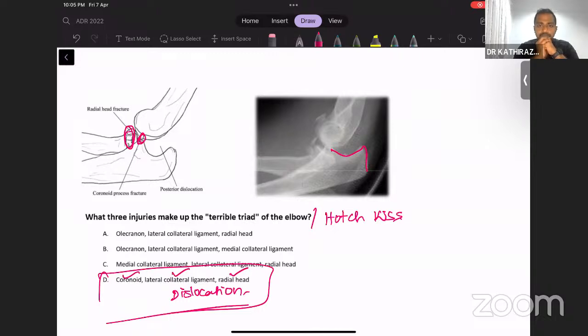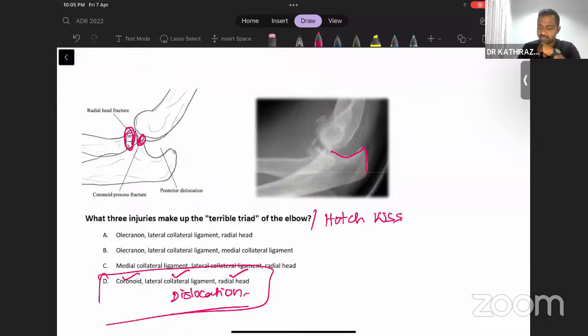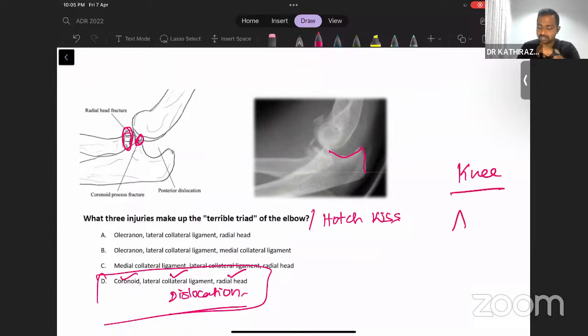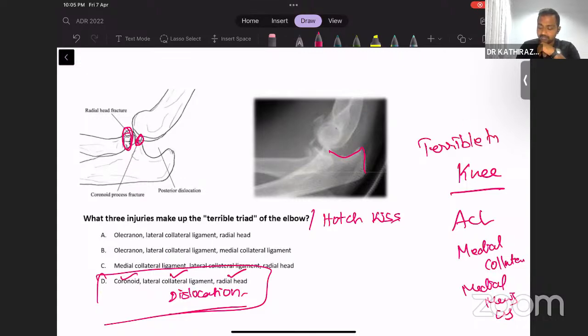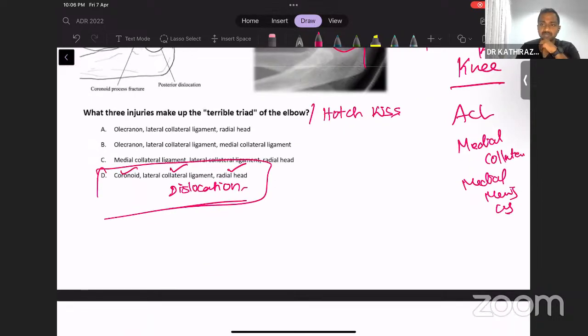Okay. Easy. Shall we go for what is the terrible triad of the knee? The terrible triad of the knee is ACL injury, medial collateral ligament injury, and the medial meniscus injury.